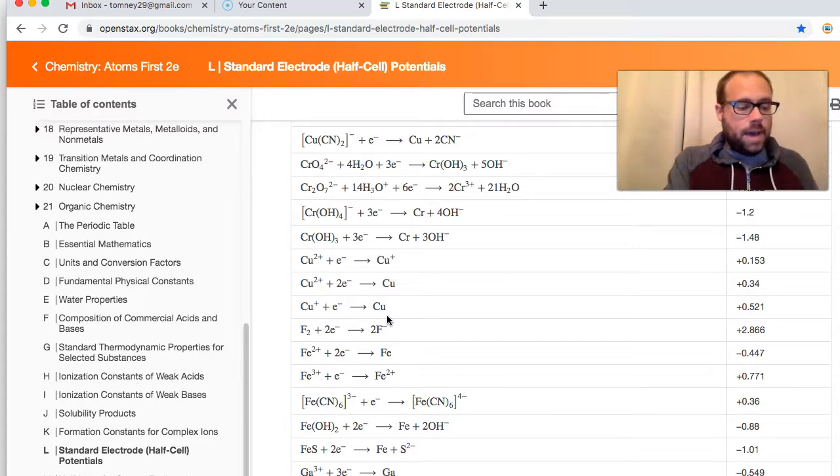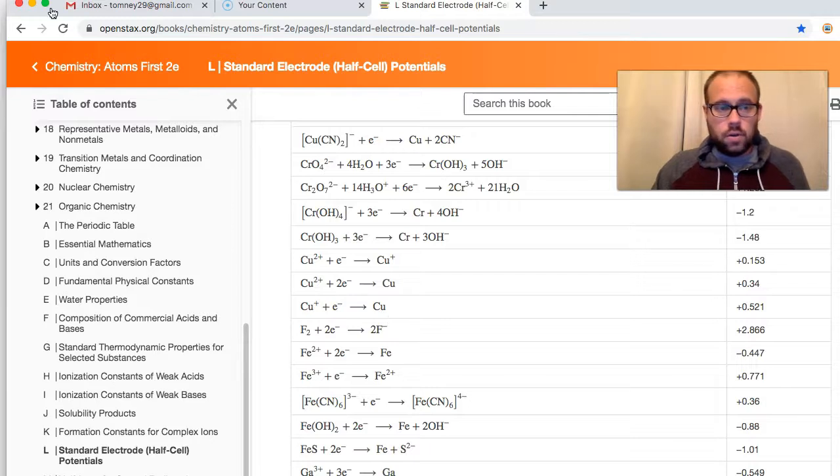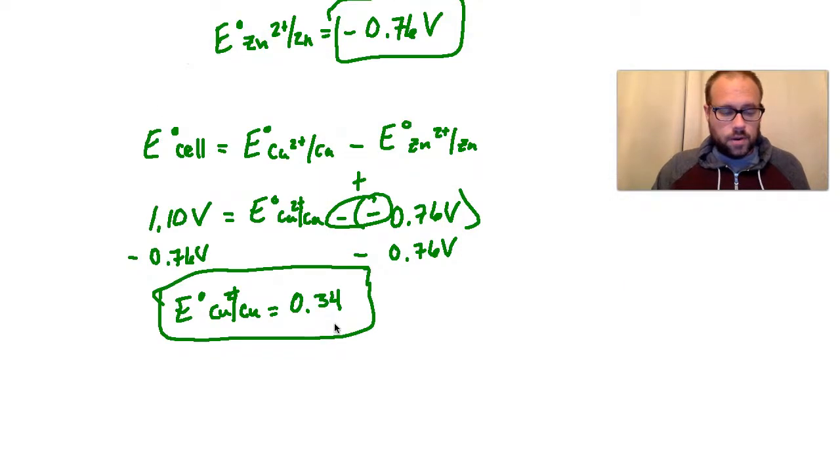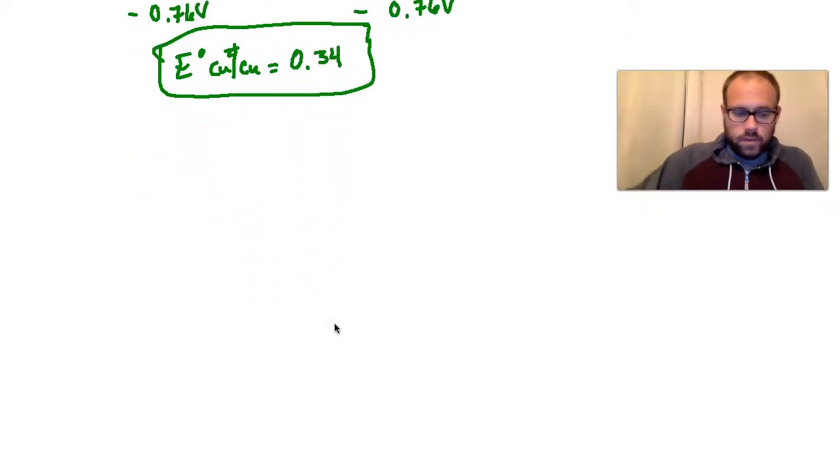Okay, so let's go back and try one additional calculation here. So for this one, let's take two different values, and we are going to bring the table up here in a second. So if you are following along at home, make sure that you have access to an electrochemical table here with your half cell potentials.